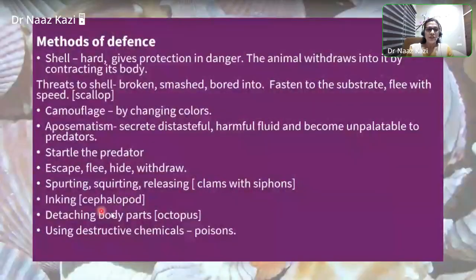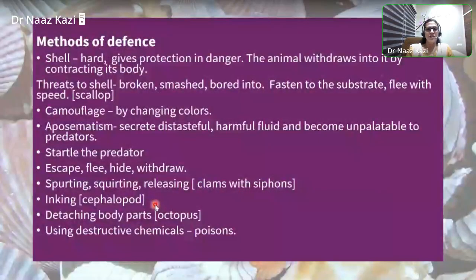Then cephalopods, mostly the cuttlefish, have this inking. We know the sepia ink. They throw some ink into the water, and this blurs the vision of the predator, and the predator cannot see, and sepia just runs away very quickly. Then some of them detach their body parts.